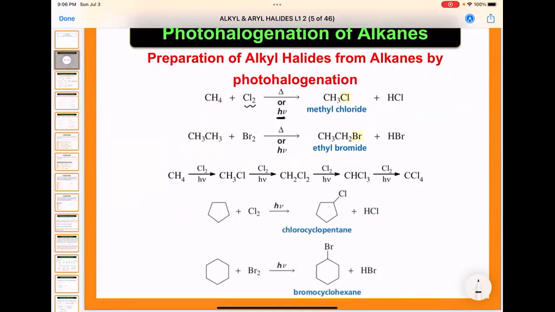Suppose you have taken methane and you have taken chlorine in excess, what will you get? If you are doing this reaction, it is known as photohalogenation.